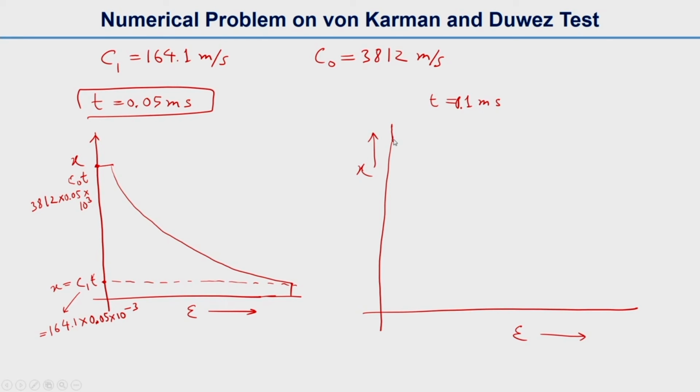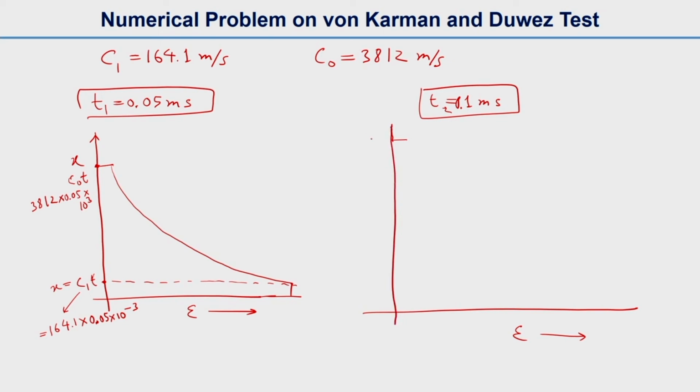The difference is that it is at a higher time, so C naught t will be higher. Let us assume this is T1 and this is T2. So if you write it clearly, this will be C naught T2 here, and this is x, and this one will be C1 T2, here C1 T1.